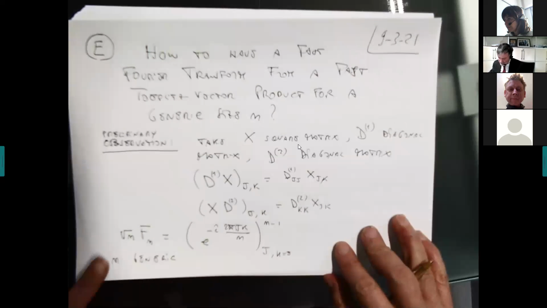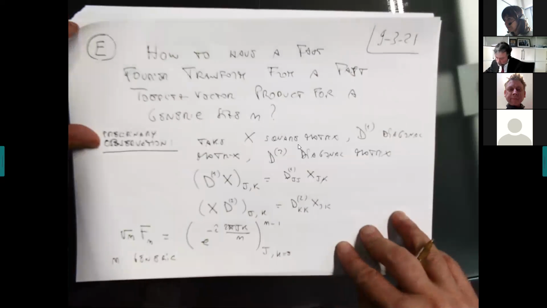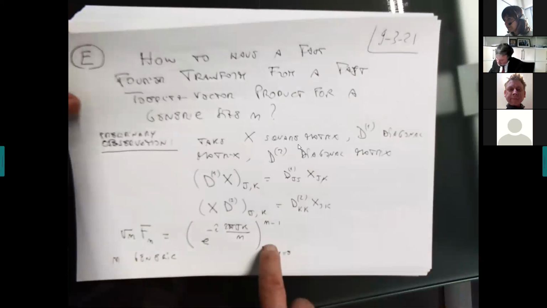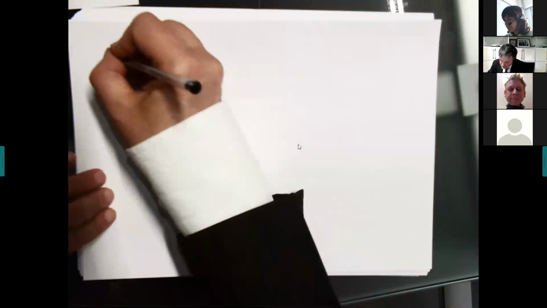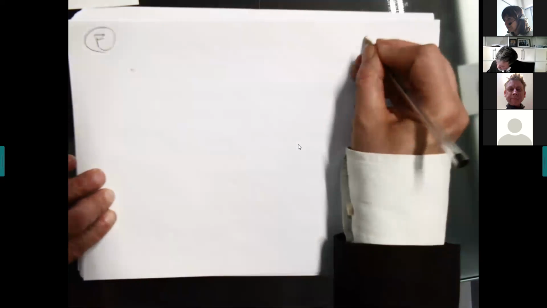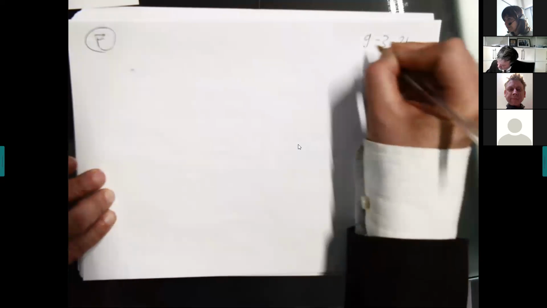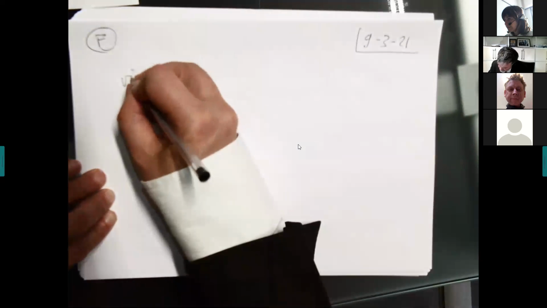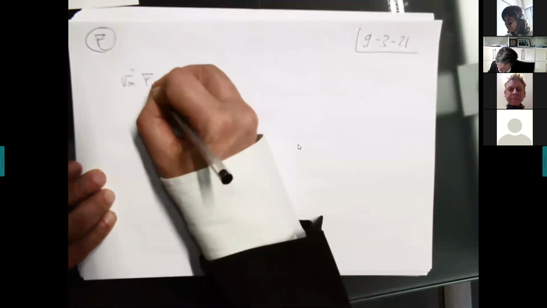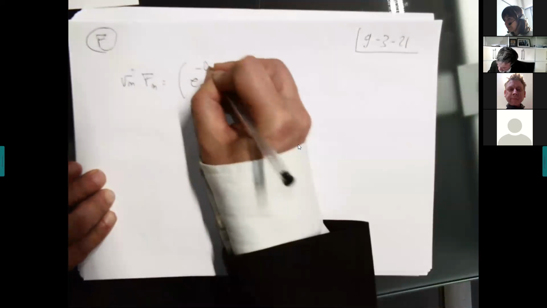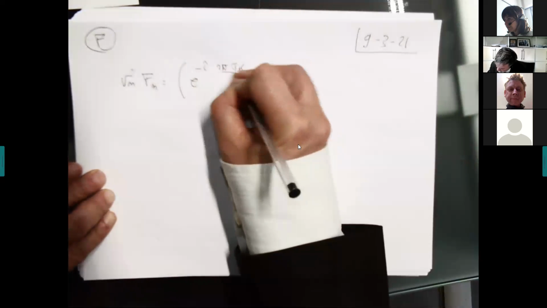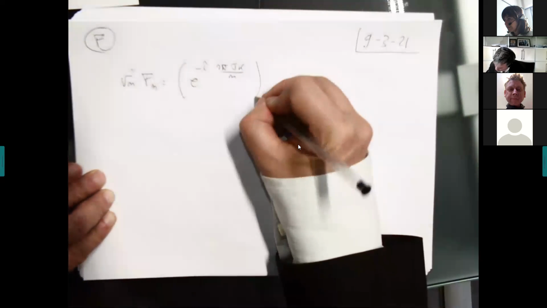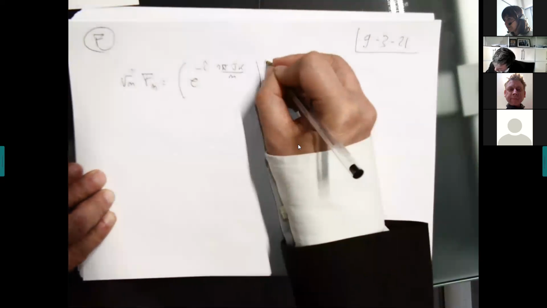So the square root of n times Fn is equal to e to the minus i 2 pi jk over n, j and k from 0 to n minus 1.